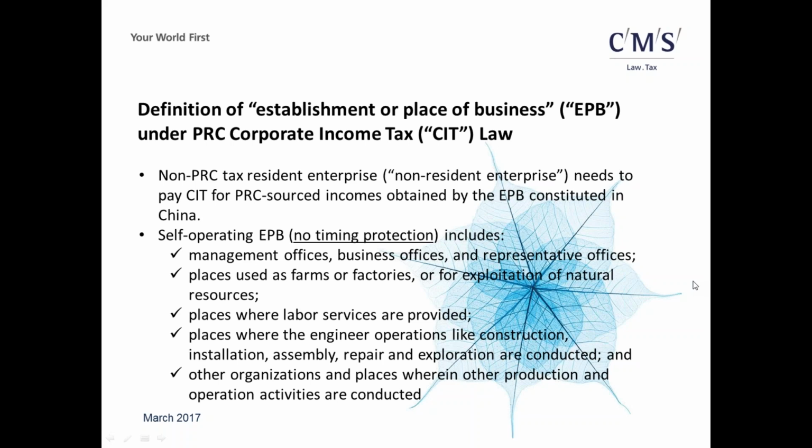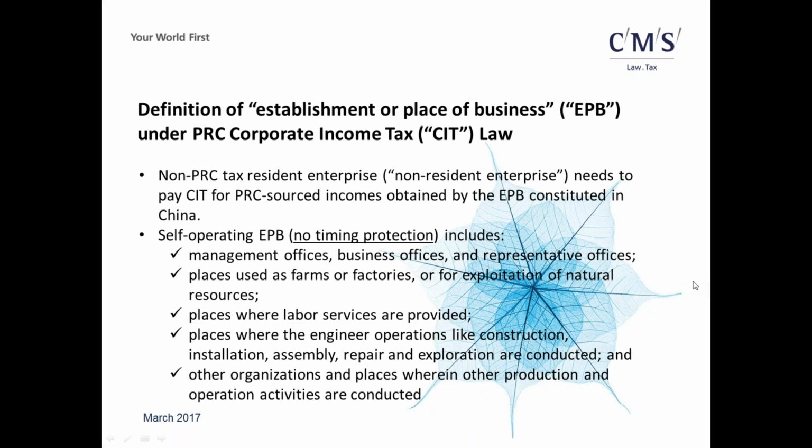And this EPB has a very similar definition as the definition of a permanent establishment under a bilateral double taxation treaty. If a foreign enterprise is located in a country which does not have a bilateral double taxation treaty with China, then it needs to look at the definition of EPB under the PRC CIT law.